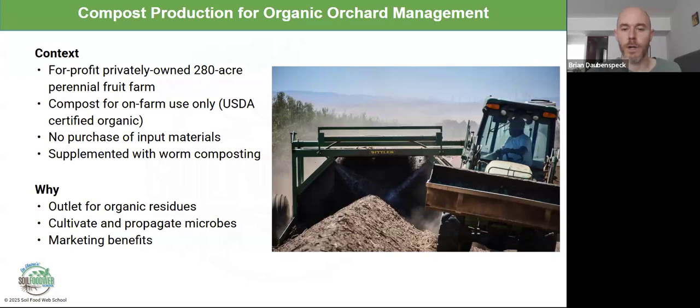So why did we start? One, usually a community and a farm has a lot of organic residue, which sometimes can be wasted. We were able to use this to cultivate and propagate microbes across the orchard, for the reasons I've already discussed, getting that diversity back into the system so that it's more resilient.